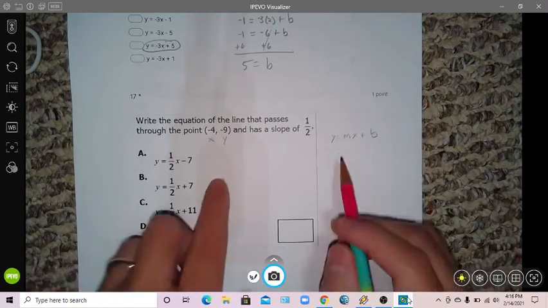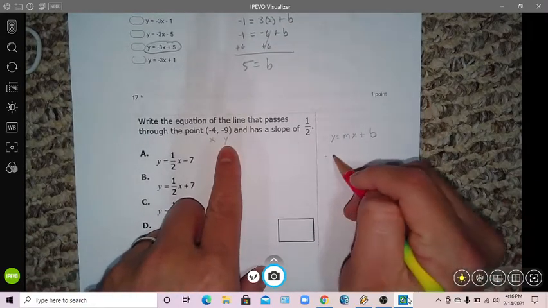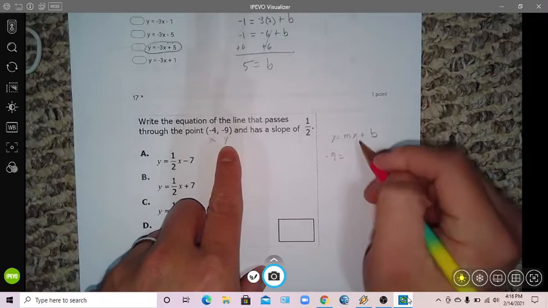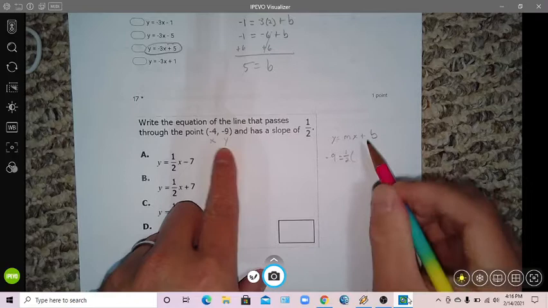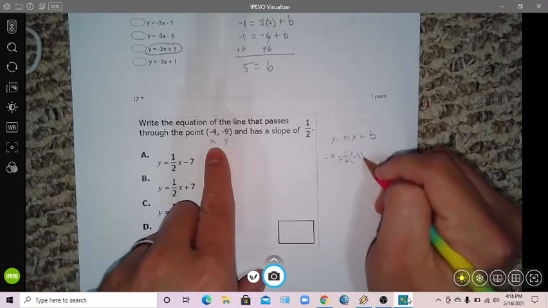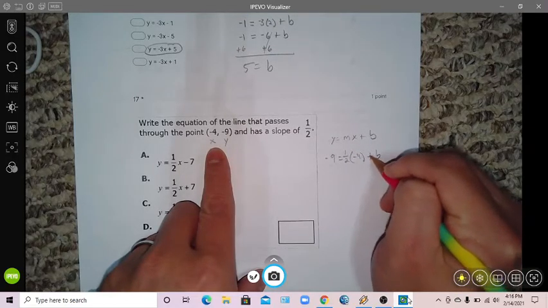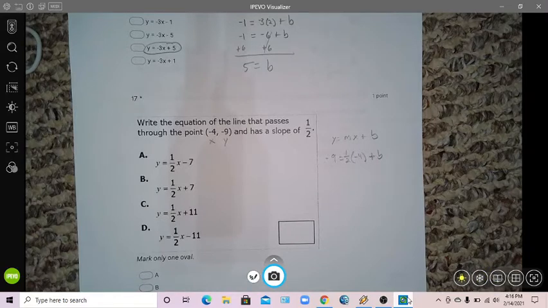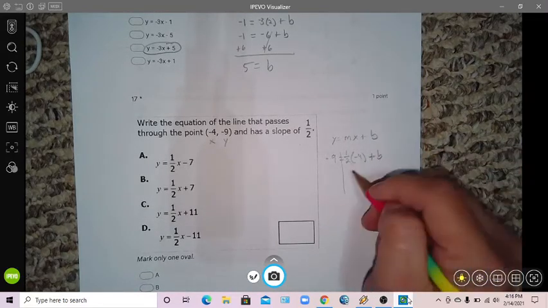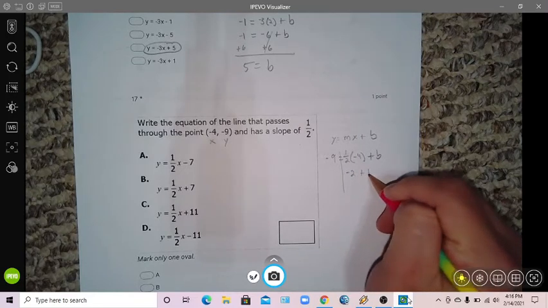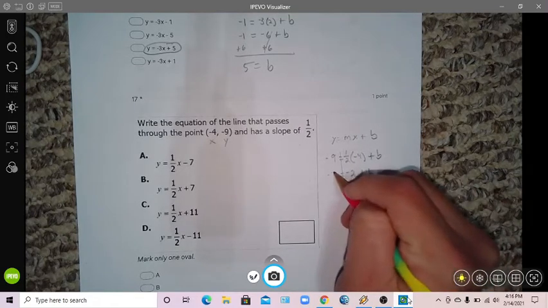Okay, so y is -9. The slope is 1/2. And then the x is -4. Okay, so let's find out what the b should be. I have 1/2 times -4, that's -2 plus b equals -9.